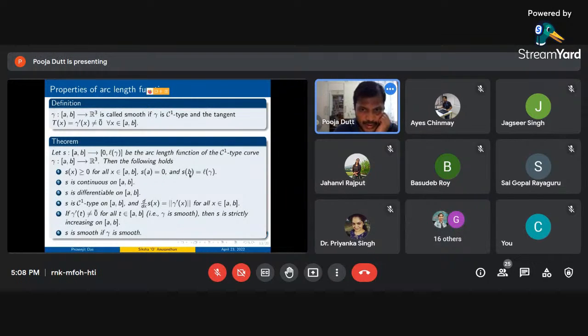And s of b is the full length, because that is how the s function has been defined. Number 2, s is continuous. Number 3, s is differentiable. And number 4, s is C1 type on [a,b], which can be proven from the fundamental theorem of integral calculus.